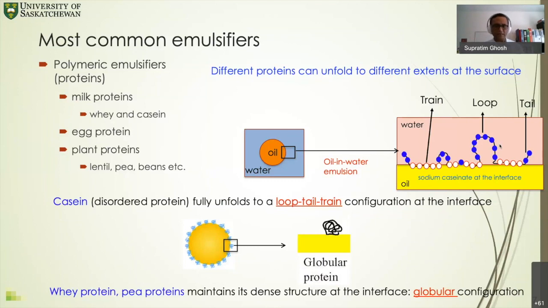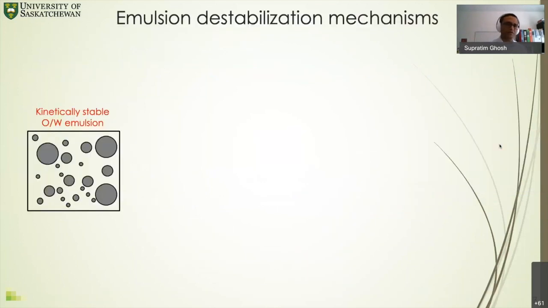So with that background, before we move into the emulsion structure, let's look a little bit into emulsion destabilization mechanisms. This will help us understand some of the things that we are going to talk about later. If you have a kinetically stable oil-in-water emulsion that is stable for a reasonable amount of time, because the oil droplets are lighter than water, due to gravity, the oil droplets move to the top.